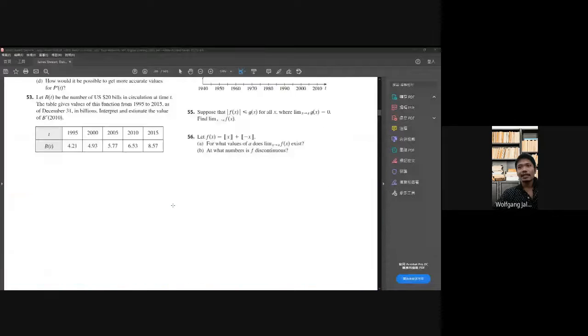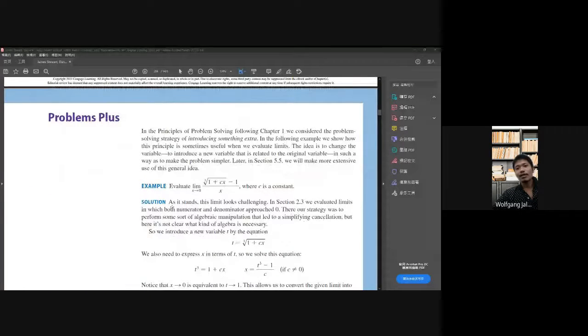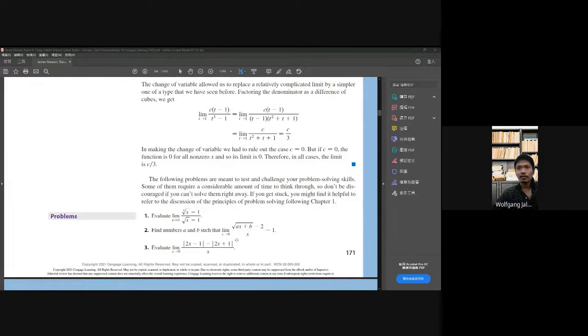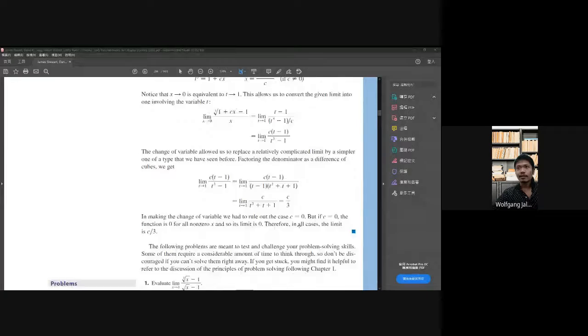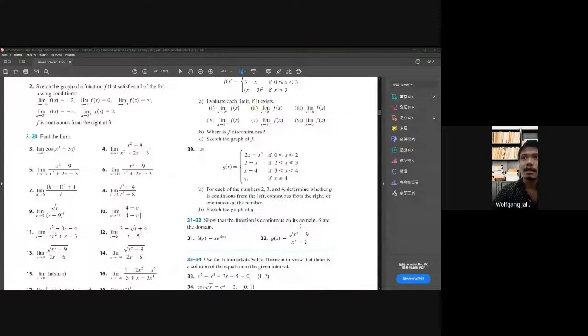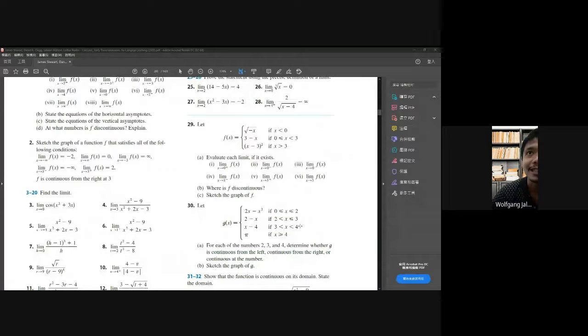In the last, I think there are one or two questions that are really hard, something like a problem plus. Some not from the problem plus, but more or less in the same category of difficulty.